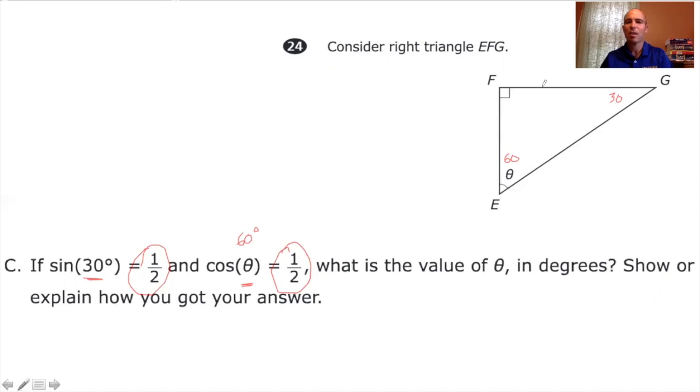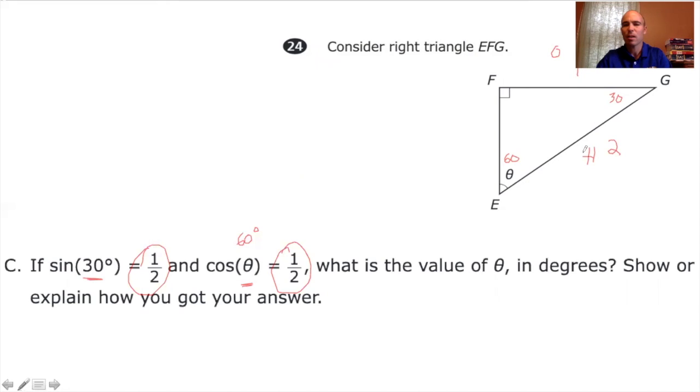So again, anyway, I'll talk it through. You guys have watched this far in the video, you appreciate me talking it through. If the sine of 30 degrees is 1/2, the opposite over the hypotenuse has the ratio of 1 to 2.